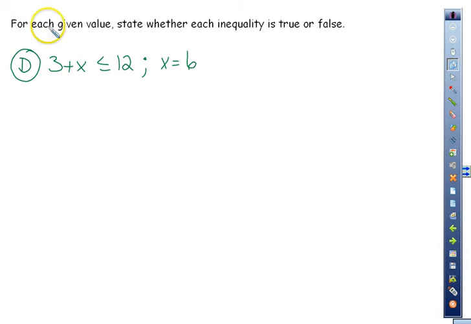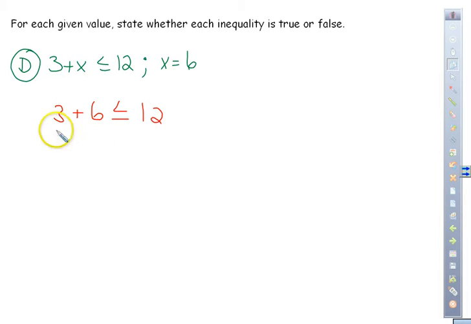For this, it says for each given value, state whether each inequality is true or false. So all you're going to need to do for these is literally plug in the value of the variable and tell me if the inequality is correct or not. So we're going to take 3 plus, we're going to put 6 in for x, and then less than or equal to 12. Well, let's solve it.